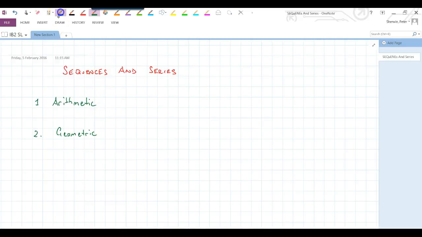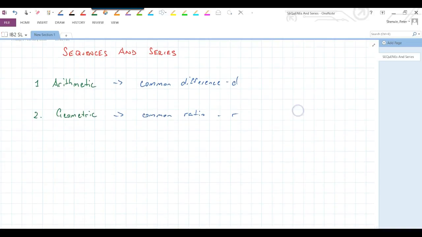We've looked at arithmetic sequences, and a feature of arithmetics is that they have a common difference, either positive or negative, and with geometrics we can see a common ratio, which we're calling r. We also got as far with arithmetics as identifying the nth term.